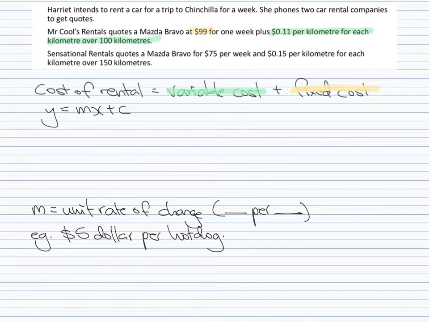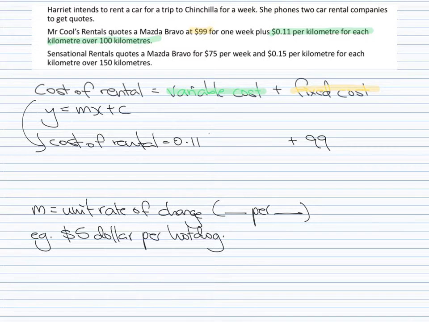So here, in this case, let's refer back to the question that I have. My cost of rental, it told me no matter what I do, I need to pay a $99 already. So that's my second part of my equation. And the first part tells me the rate of change, something per something, my gradient is 0.11.